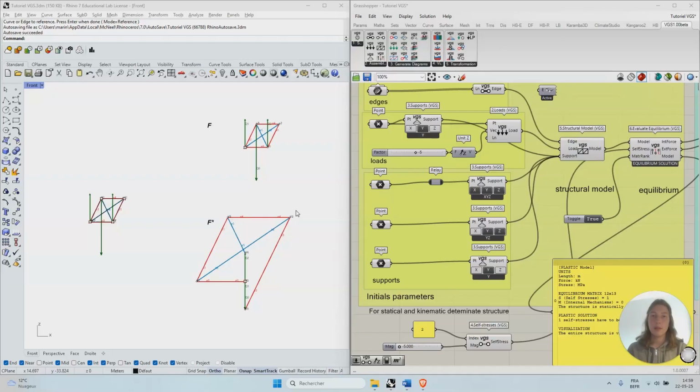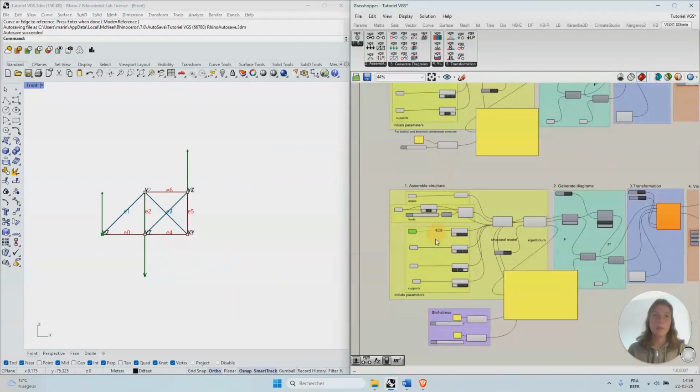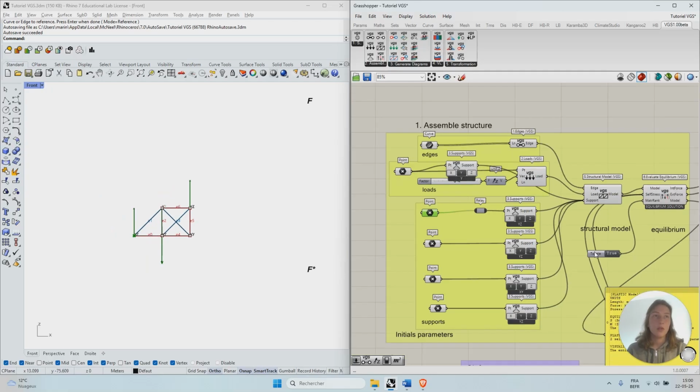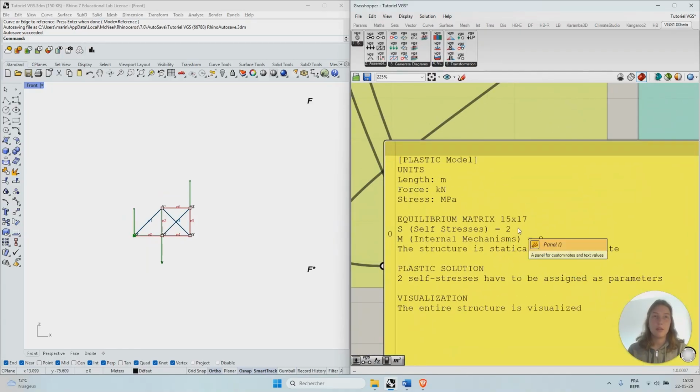Let's move on to the final example. I've built here a slightly more complex structure with 4 supports. You can see here. They are all wall supports, and you can see that every node is blocked in Y direction so that we only work in 2 dimensions. If we look at the panel, we see that we have a matrix 15 by 17.